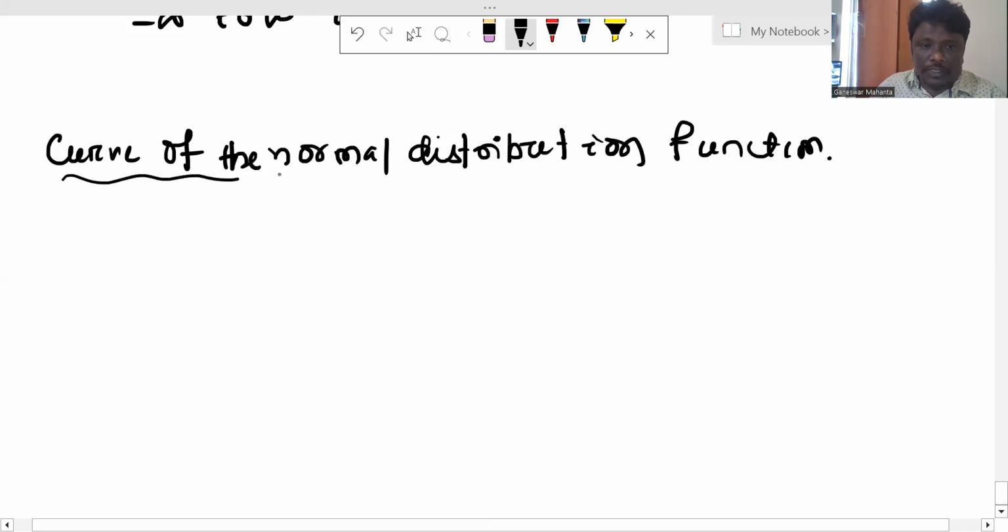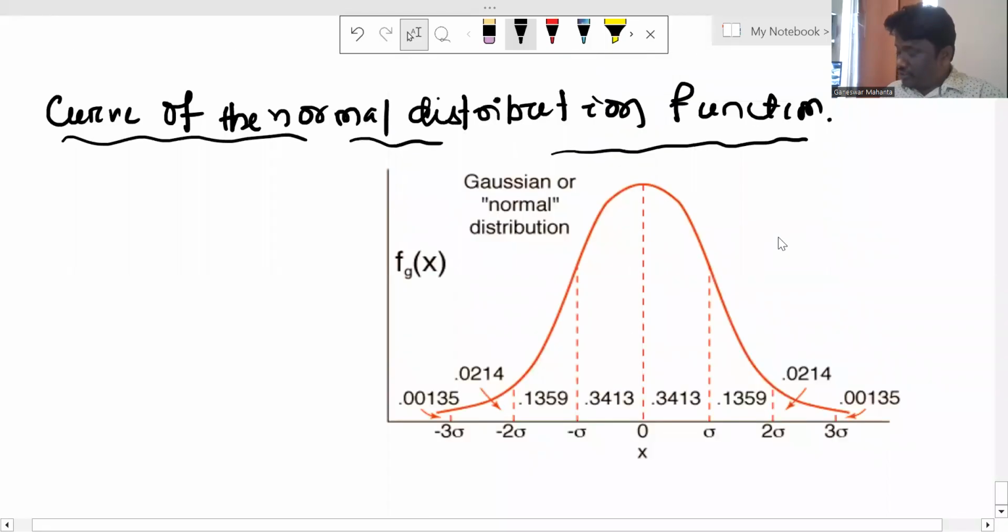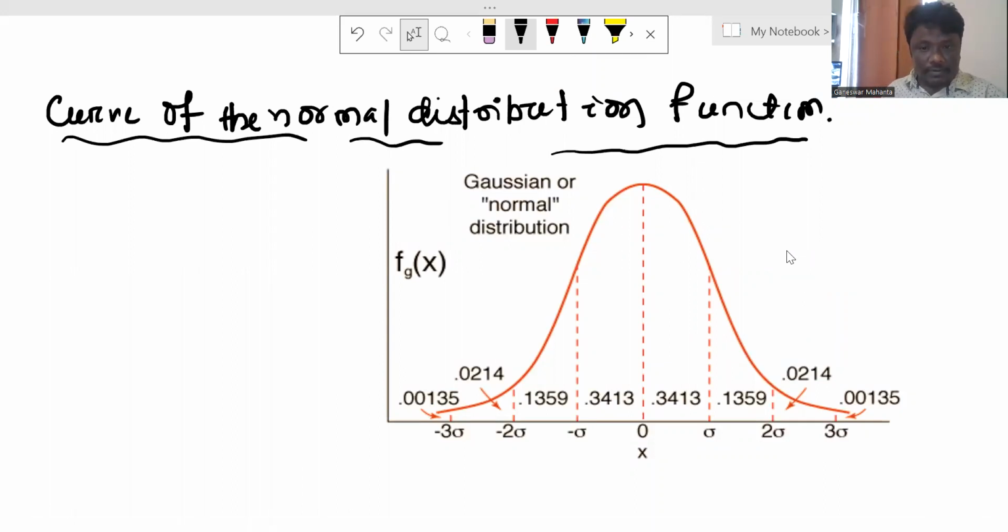The curve of the normal distribution function, which is also called the Gaussian normal distribution function, is symmetric about x equal to 0, and that is also the mean.